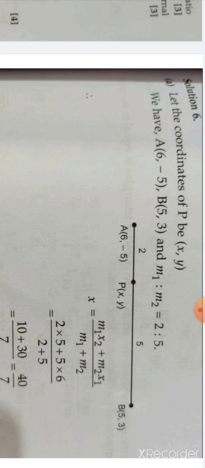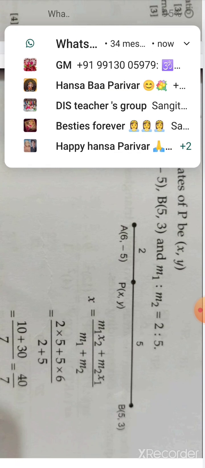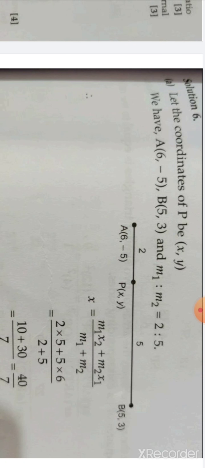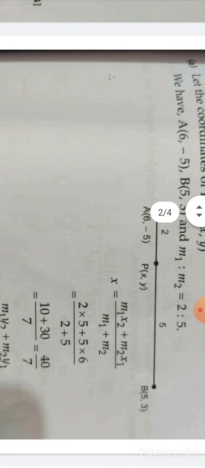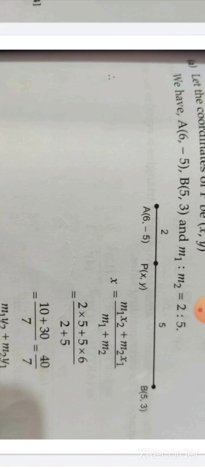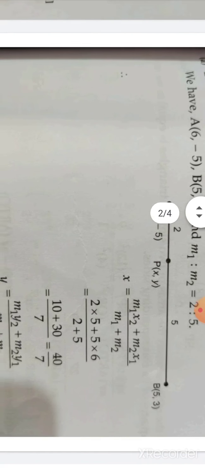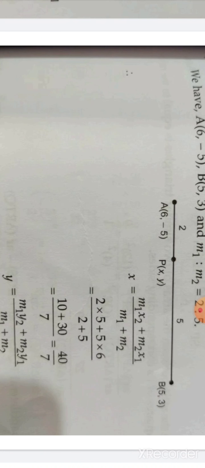Let the coordinates of P be (x, y), which is the point of intersection. We have the coordinates of A (6, -5) and B (5, 3), and the ratio we are given is m1:m2 equal to 2:5. Now we will find x and y, both the coordinates of point P. Substituting the formula, x is equal to (m1 x2 plus m2 x1) upon (m1 plus m2).